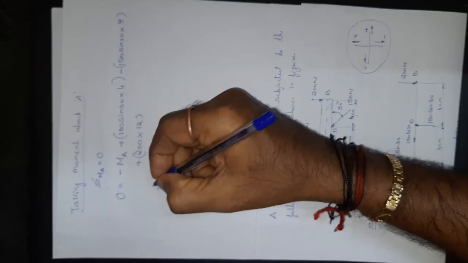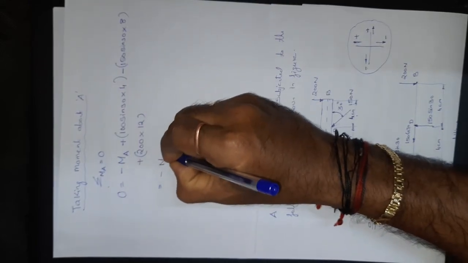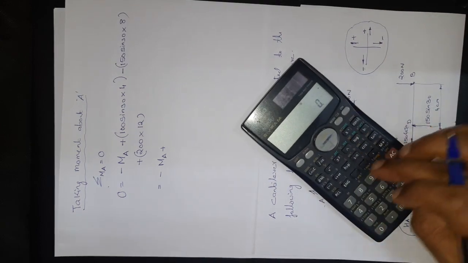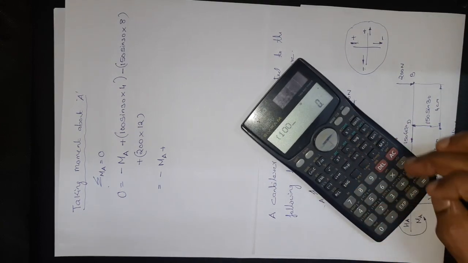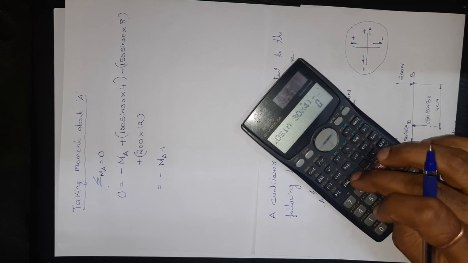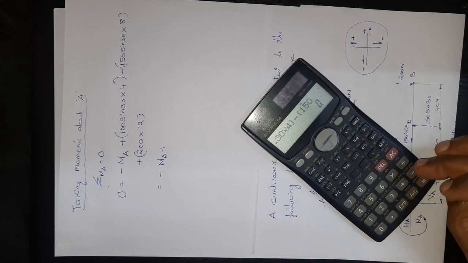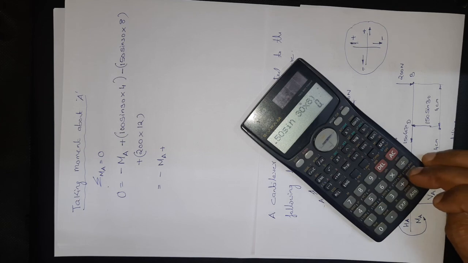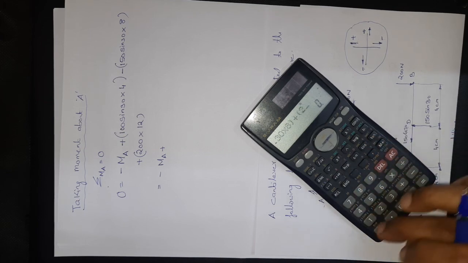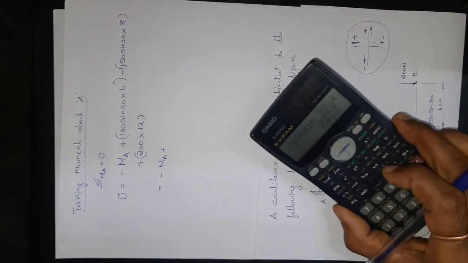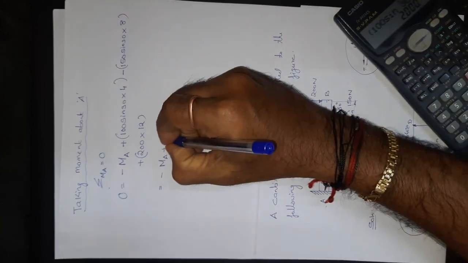right, which is equal to minus MA plus, let me just open the bracket, 100 sin 30 into 4, close the bracket, minus 150 sin 30 into 8 plus 200 into 12, that is 2000, isn't it? 2000.